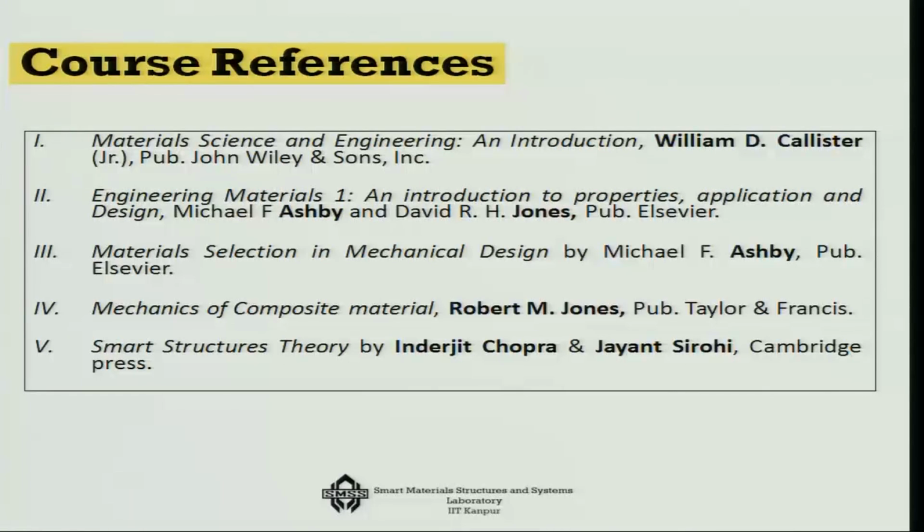Finally, when I talk about smart materials and smart structures, the book by Chopra and Sirohi will be very useful for us. Thus, in this entire course there will be these 5 books which we will be using, and they could be a very good reference if you want more in-depth knowledge in this subject.